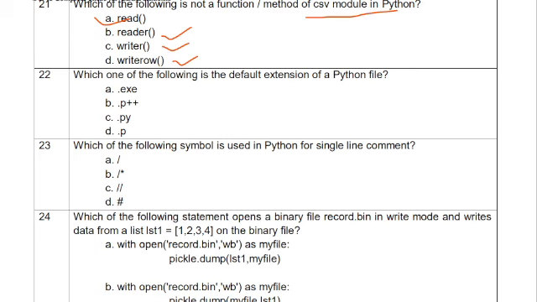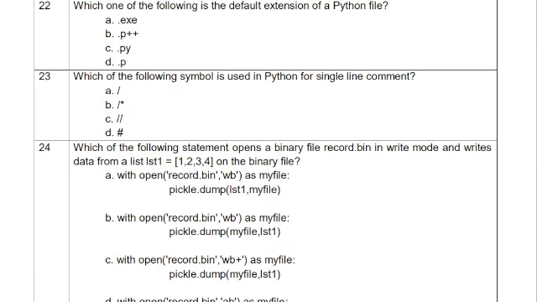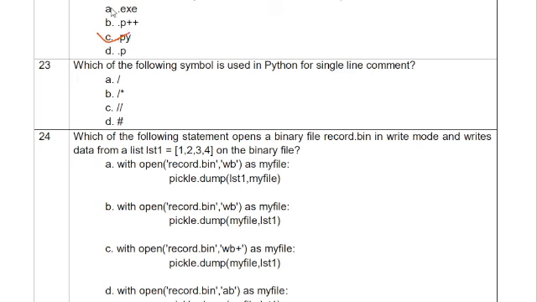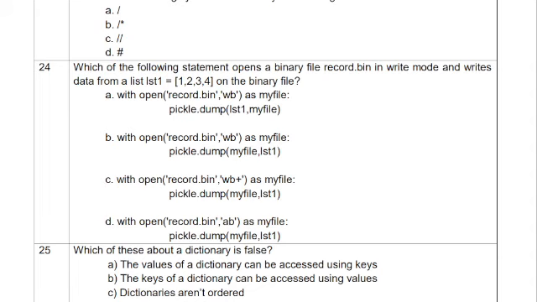Okay. 22. Which one of the following is the default extension of a Python file? .py is the default extension of a Python file. Which of the following symbols is used in Python for a single line comment? For a single line comment, you know that hash is used for writing the single line comment.